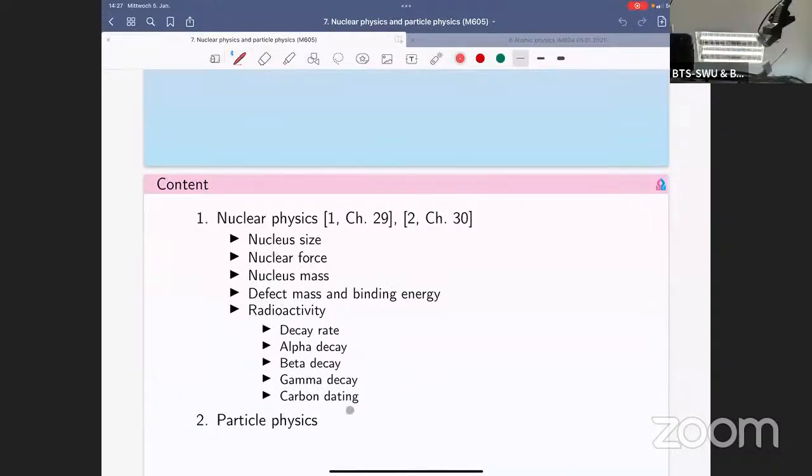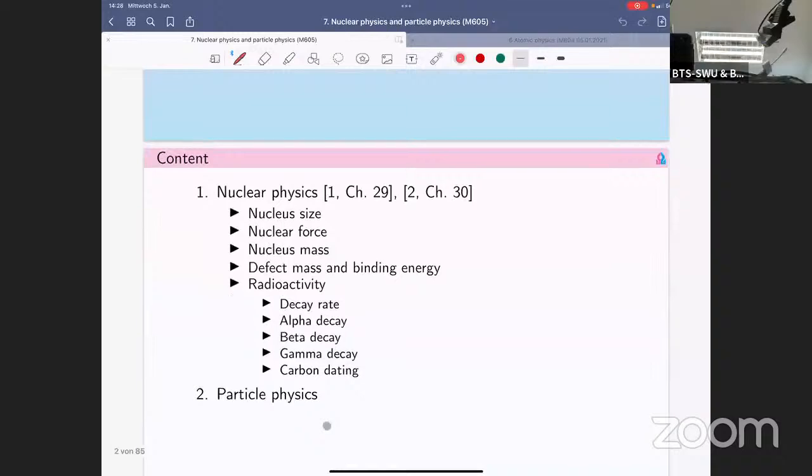And people also consider carbon dating. Carbon dating is used in several applications. If you want to observe an ancient object, you could use the ratio of carbon in that element, and then you can predict somehow the lifetime of that object.